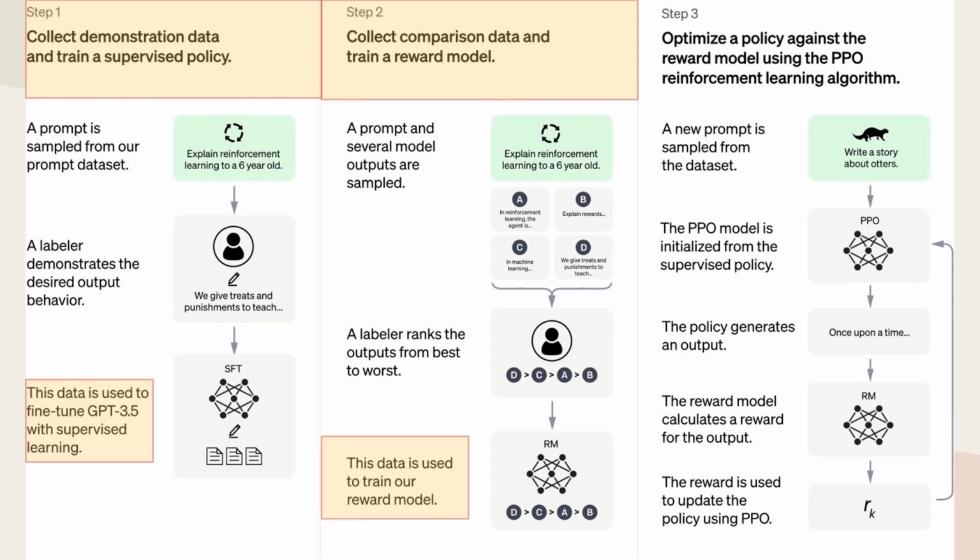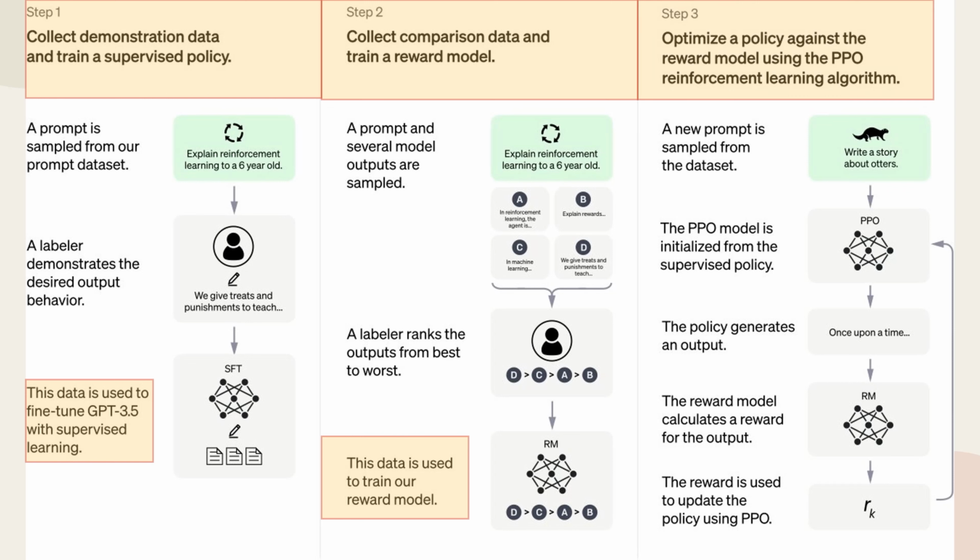In the context of ChatGPT, the state is the prompt, and the action is the potential output answer. Note that the model can have multiple answers to the same prompt. The labeler ranks the outputs from best to worst, which provides the reward associated with each prompt-output pair. This is used to train the reward model.